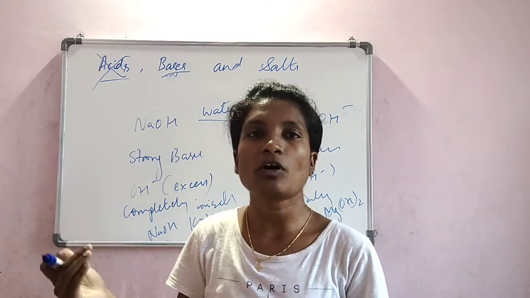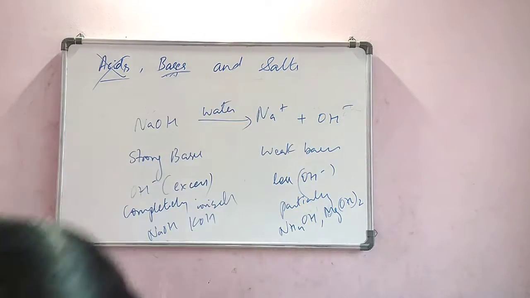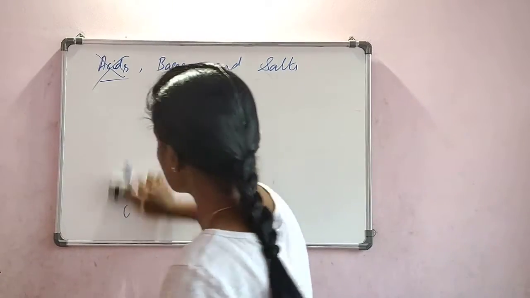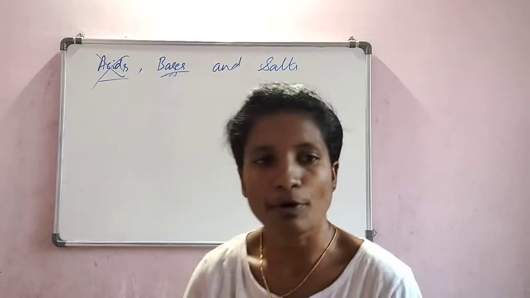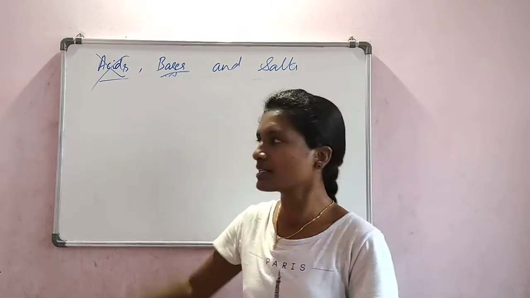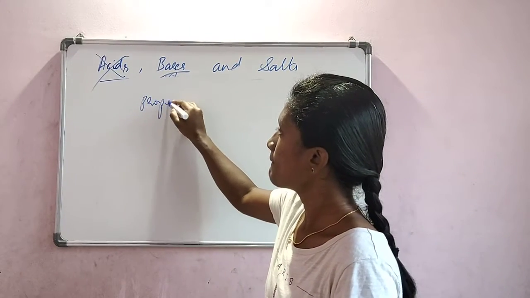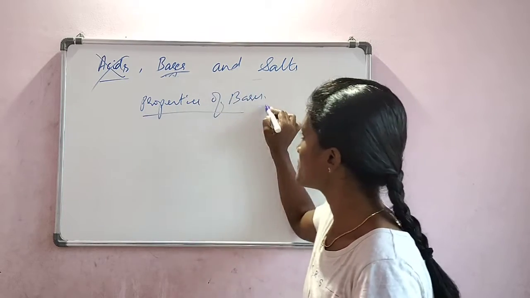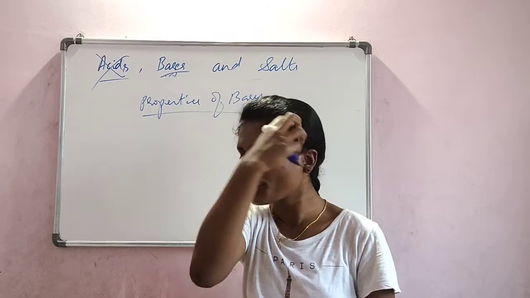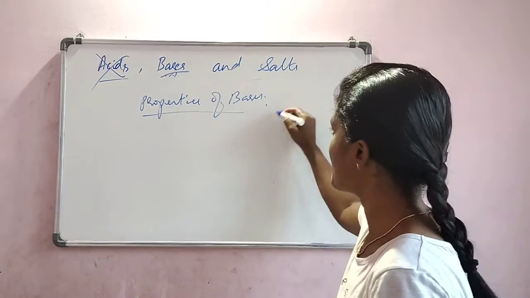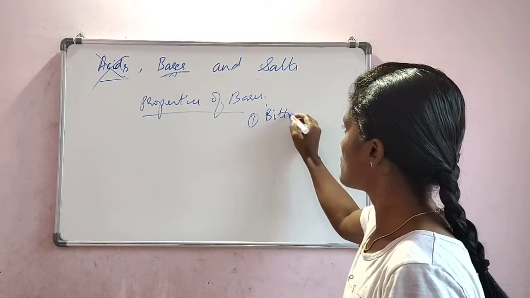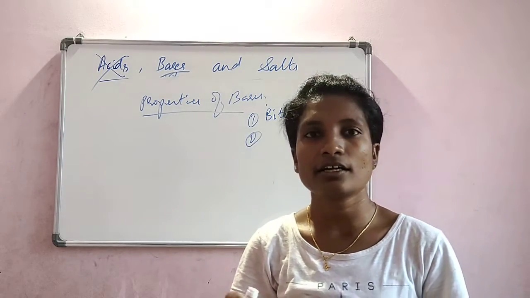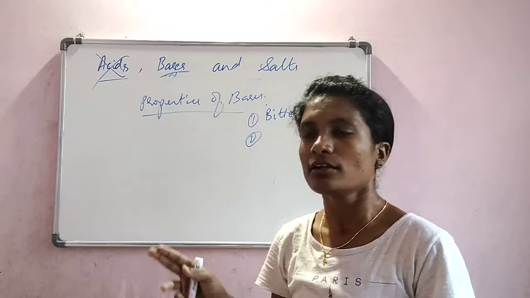Moving ahead to the properties of bases. Properties are again similar to acids, but there are some changes. Acid was sour to taste, whereas bases are bitter in taste. Acids turn the litmus paper from blue to red.